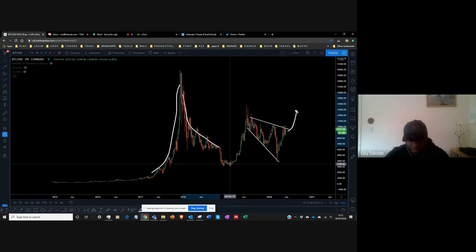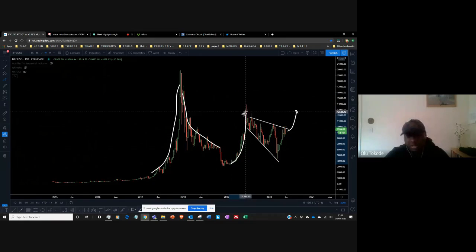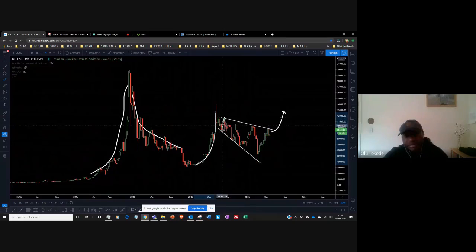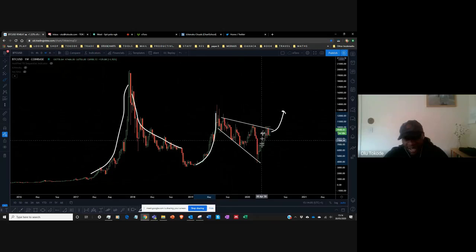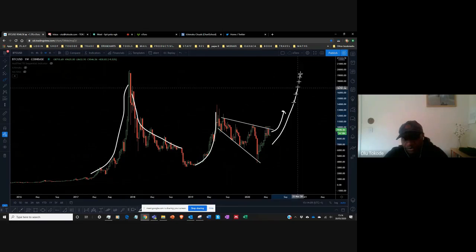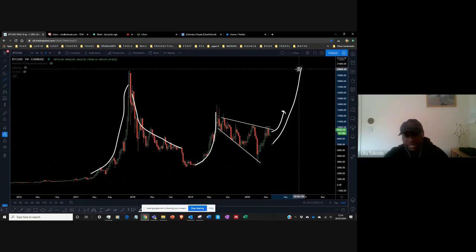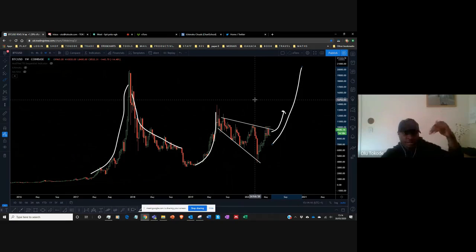And then you have another impulsive wave, a violent, sharp move. And then you have a corrective wave. The corrective wave could be broad, it could be narrow, but it's not as steep as the impulsive wave. After that correction, you're expecting another impulsive move. That's wave analysis: impulsive wave, corrective wave, impulsive wave, corrective wave.